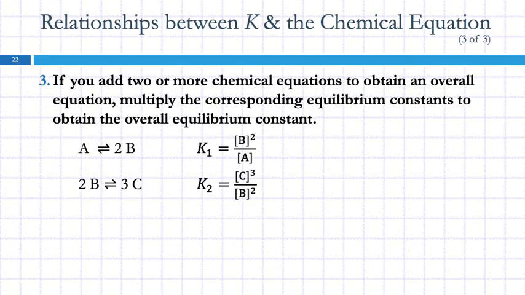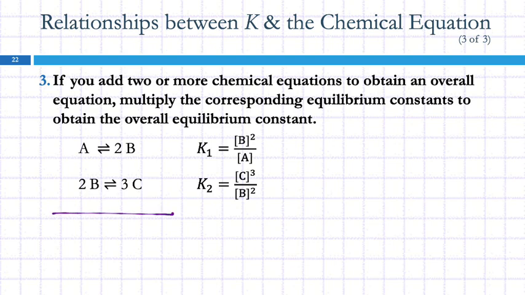Okay, if we add two or more chemical equations together to get an overall equation, what we did with delta H is we added the delta H's. You add the equations, you add the delta H's. With equilibrium constants, instead of adding the equilibrium constants, you multiply them. So let's see what happens here.